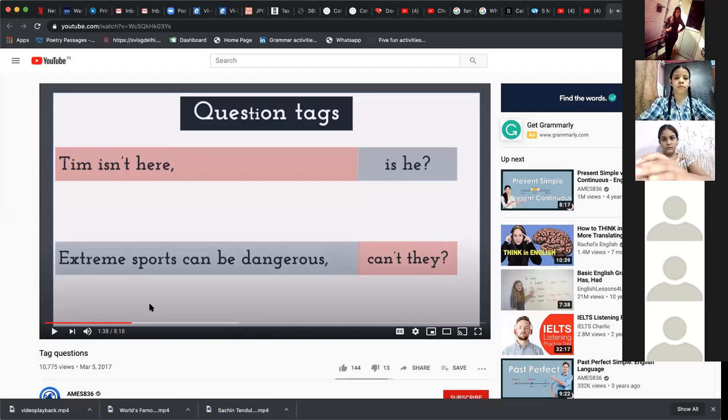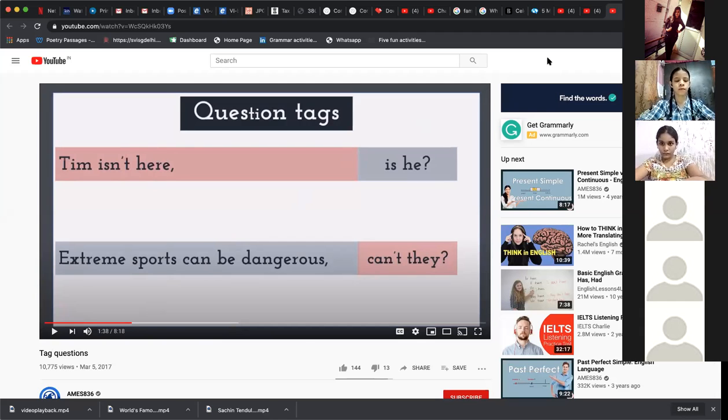Now, if you can see, question tags are formed with the helping verbs only, right? If we have a helping verb, we can form a question tag. Now, if you see, Tim isn't here. It was a negative sentence. So the question tag made is from positive. Isn't is changed into is and Tim is changed into he. So what is the rule for forming question tag?